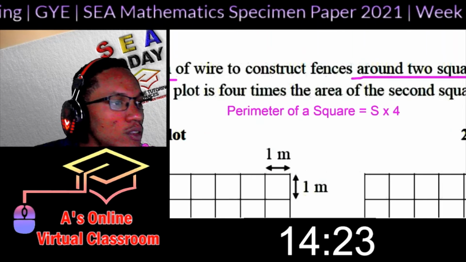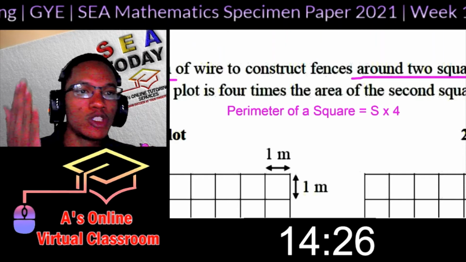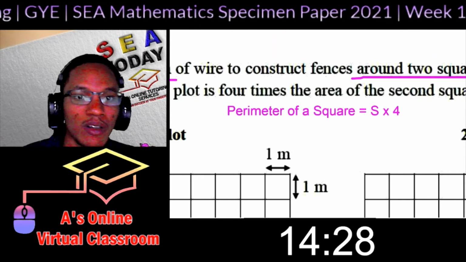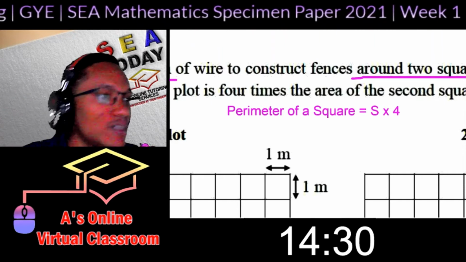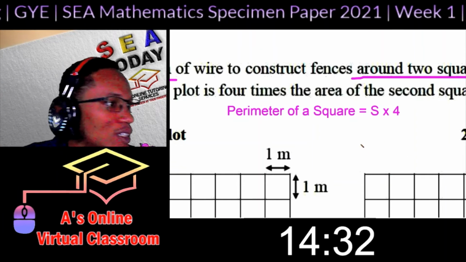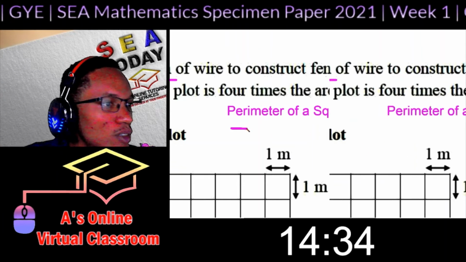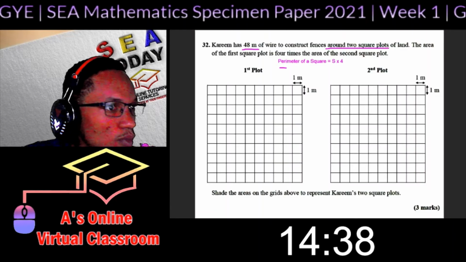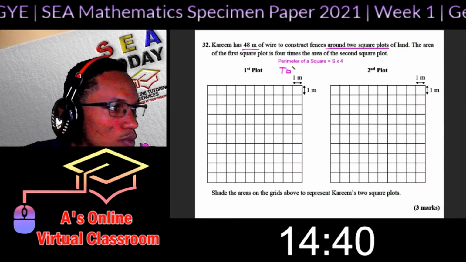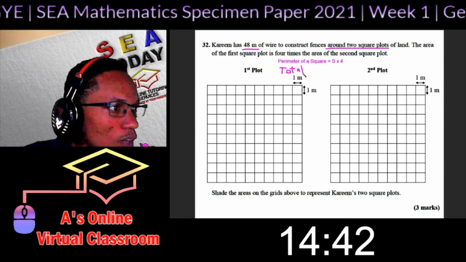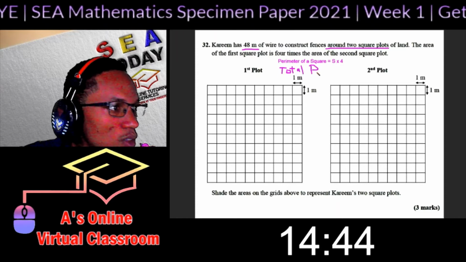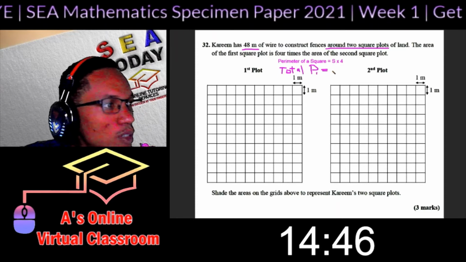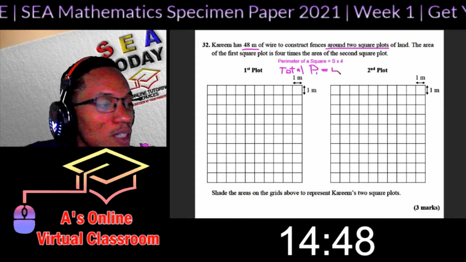And they want the perimeter of both of the squares to add up to 48. It's very interesting. So the total perimeter, I'll just put P for perimeter. Total perimeter is supposed to be 48 meters.